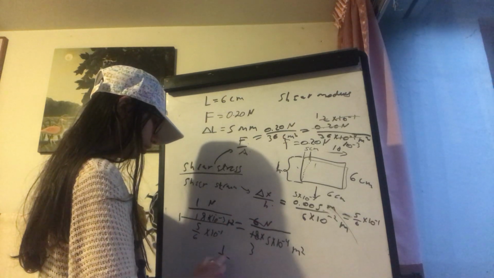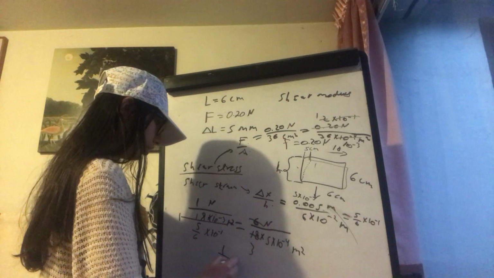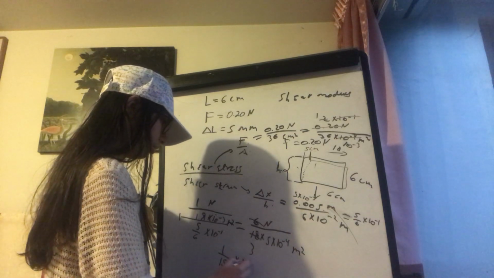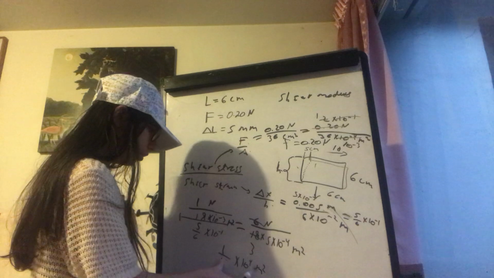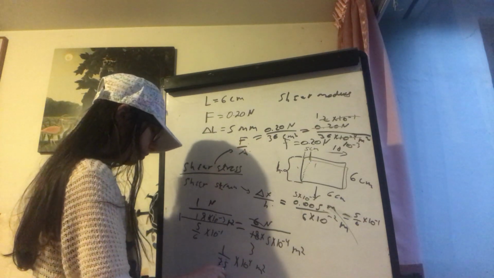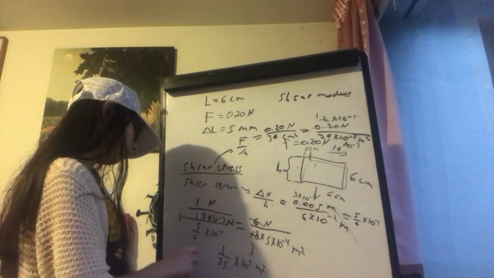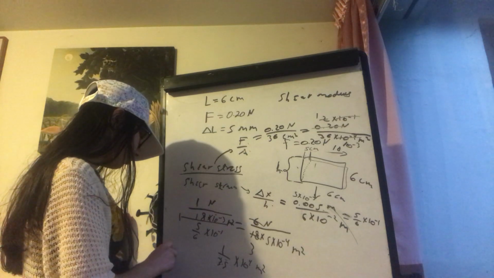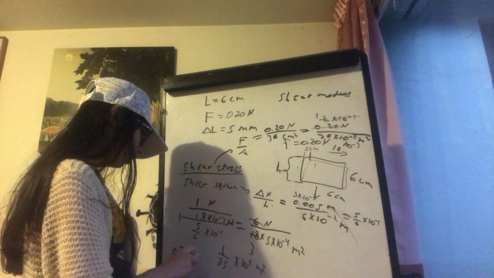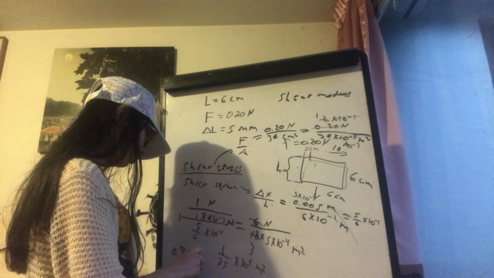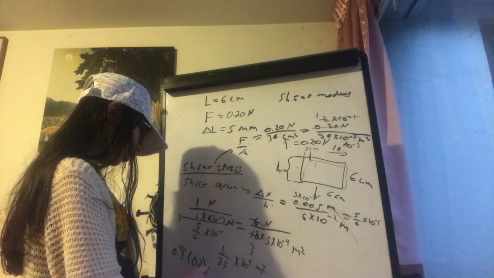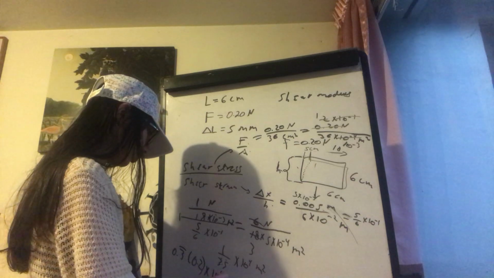I have 1 over 15 times 10 to the 4 square meters. So this is 1 over 3 times 5. 1 over 3 is 0.333, and 1 over 5 is 0.2 times 10 to the 4 square meters.